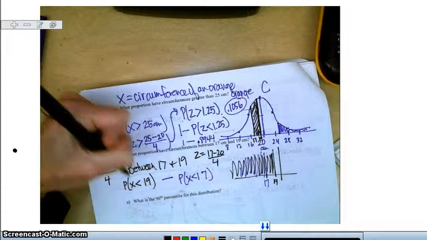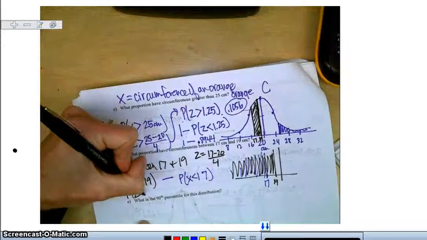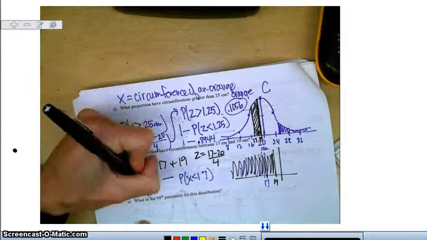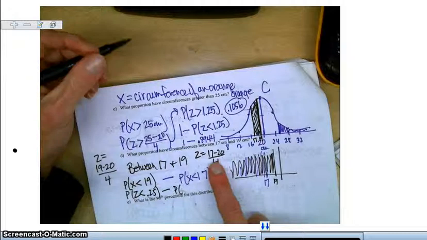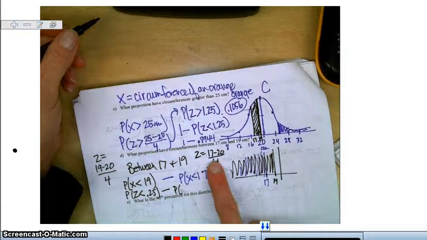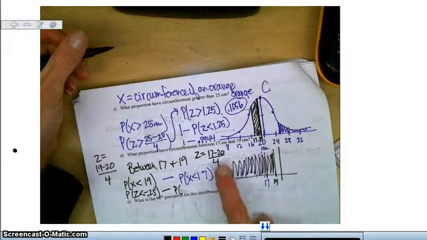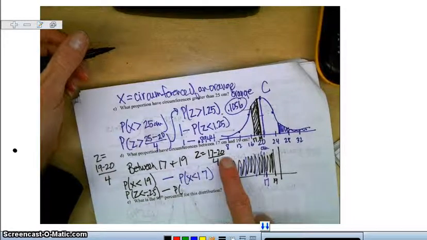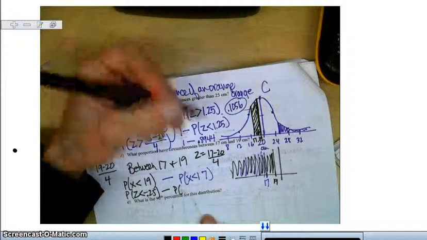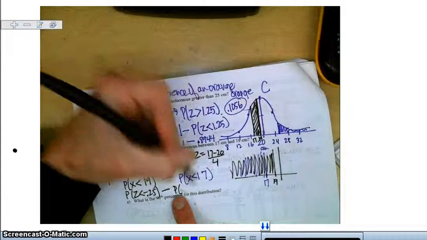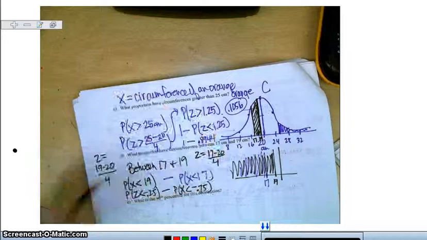So this z-score will be negative 0.25, so this will be the proportion of z-scores that are less than negative 0.25, minus the proportion of z-scores that are less than 17 minus 20, which is negative 3, divided by 4, negative 3/4, negative 0.75. So the proportion of values that are less than negative 0.75, and subtract those.